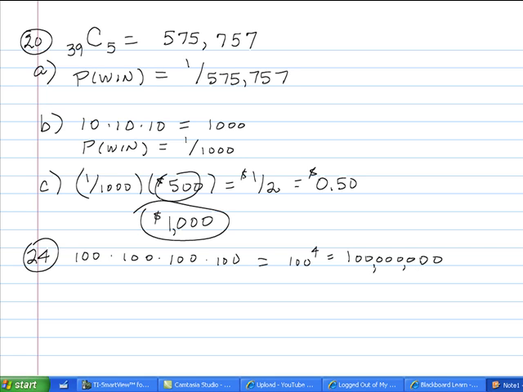The probability it'll open on the first try is 1 out of that 100 million. So are we concerned that it's feasible to try opening the safe by making random guesses? No, too many possibilities.